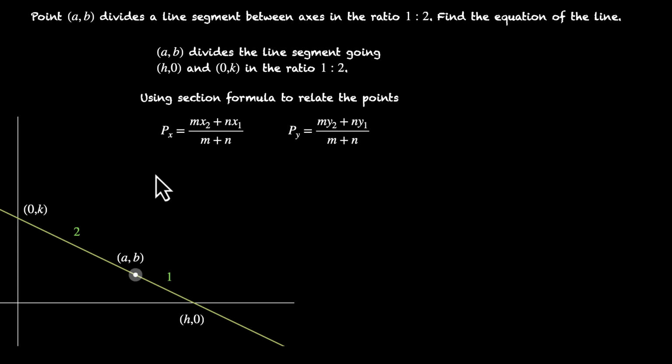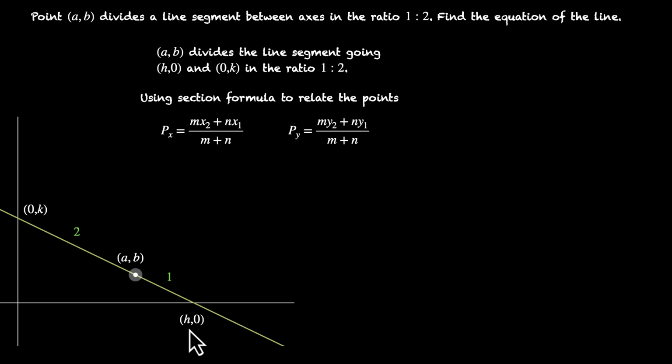The x coordinate of this point is given as (m·x2 + n·x1)/(m + n). m and n are from the ratio. If this point divides this line segment in the ratio m:n, this is what we get as the x coordinate. The numerator is m·x2, where x2 is the point that we reach and x1 is the point where we start from.